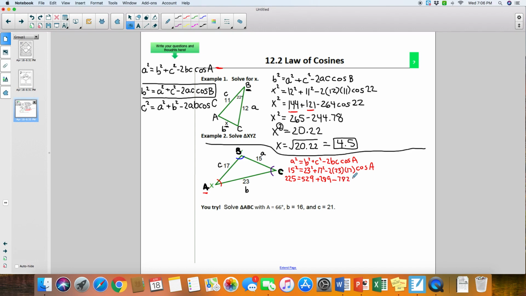And then that's still times cosine of angle A. The next thing I want to do is combine my like terms. So 529 and 289 are like terms, so I'm going to combine them together. 529 plus 289 will give me 818. Everything else will stay the same.